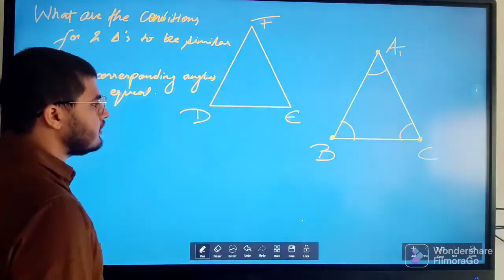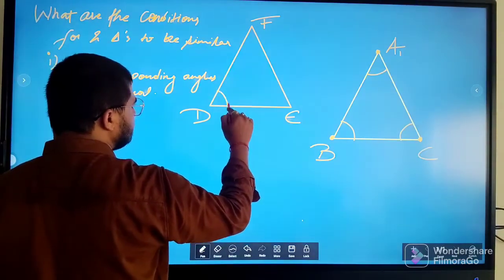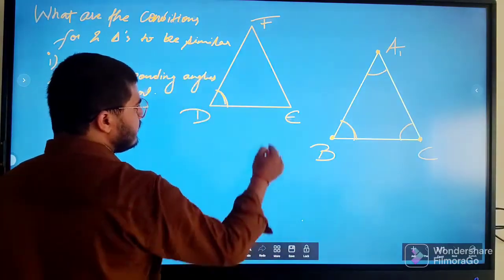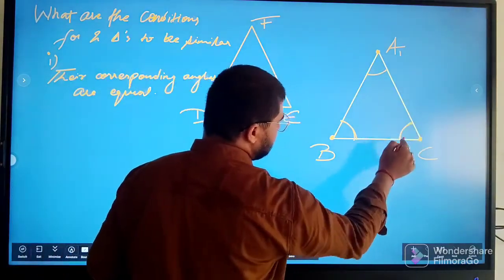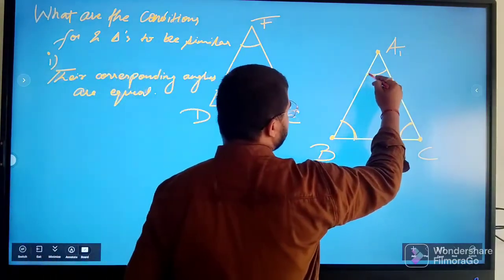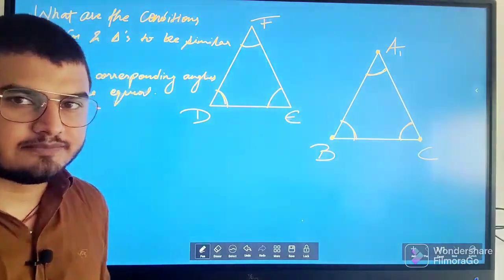Corresponding angles, by corresponding angle we mean what? If we are selecting angle D, then we are going to observe here angle B. If we are observing angle E, then we are going to observe here angle C. If we are observing angle F, then here we are going to observe angle A. So that means the corresponding angles.